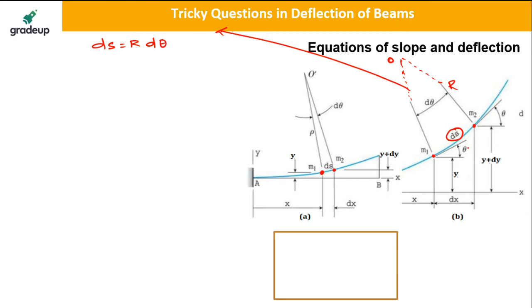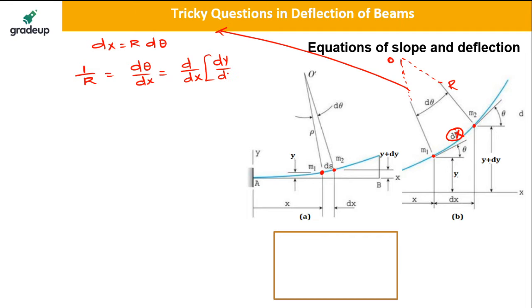So instead of ds I will write it as dx. So what is 1 by r? 1 by r is equal to d theta divided by dx, which can be written as d by dx of dy by dx.